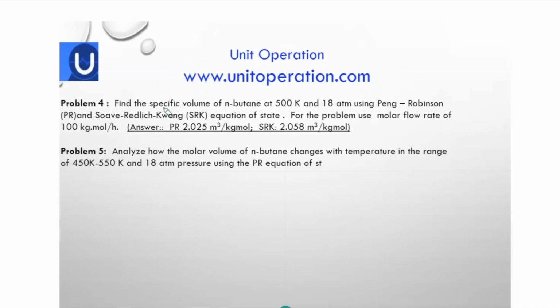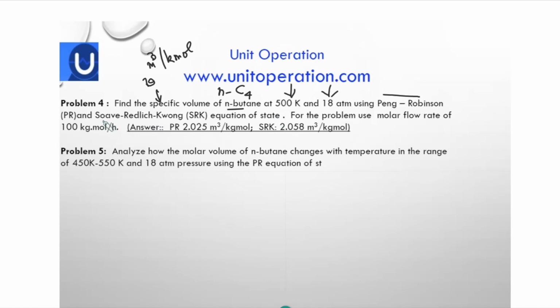Let us say we want to find out the specific volume V in terms of, let's say, meter cube per kilomole of normal butane, so C4, at 500 Kelvin and 18 atmosphere pressure, using Peng-Robinson equation of state, which is a very good equation of state for hydrocarbons.